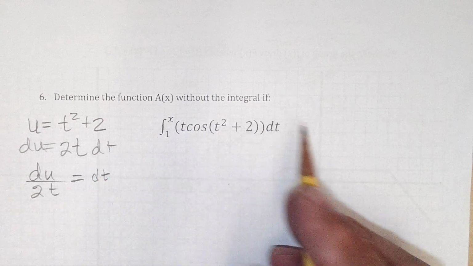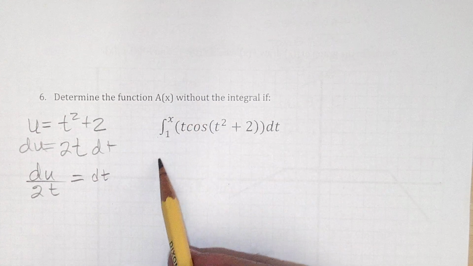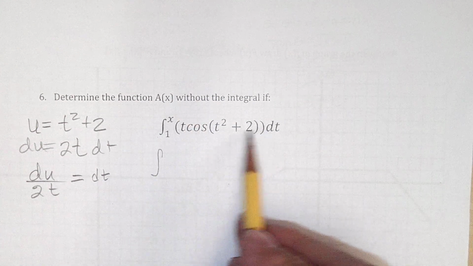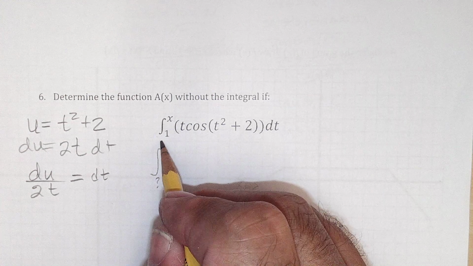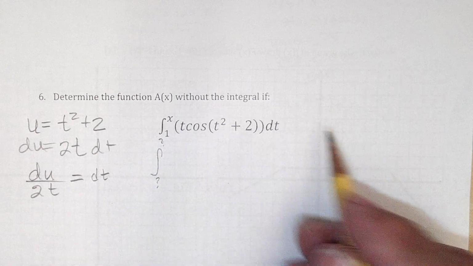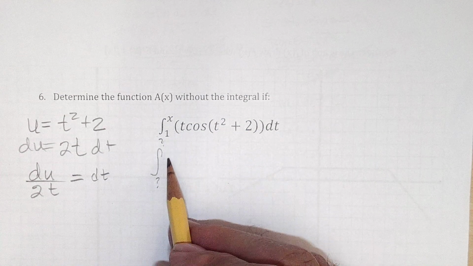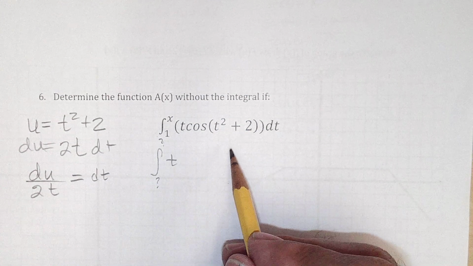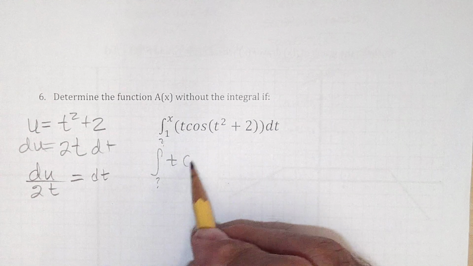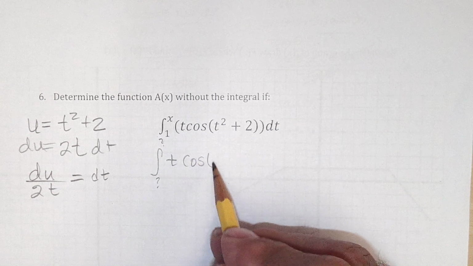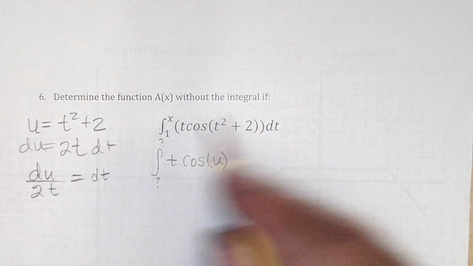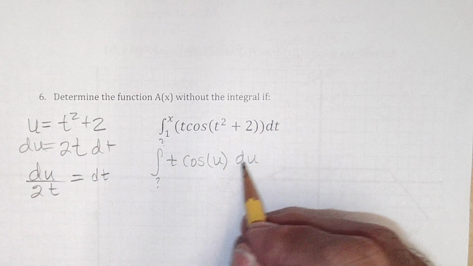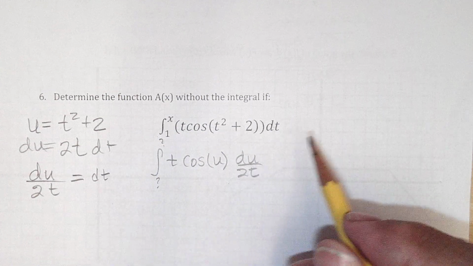So now I have the antiderivative. I'm changing the variable to u, so I don't know what 1 is or x is. I'll talk about that in a sec, but we have a t. We have cosine of u, and dt is du over 2t.